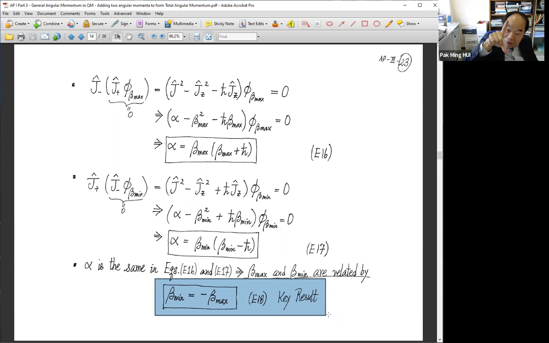The longest Z component is the same as the longest negative component in magnitude. So beta maximum and beta minimum are off by a sign. Okay, so this is a crucial relationship.